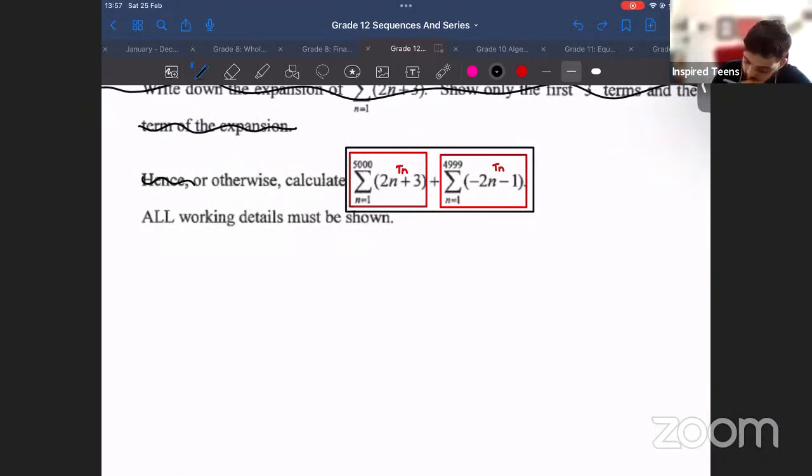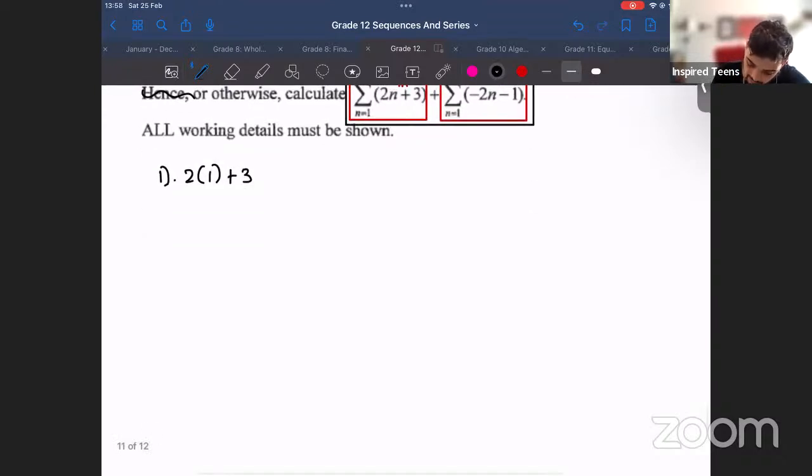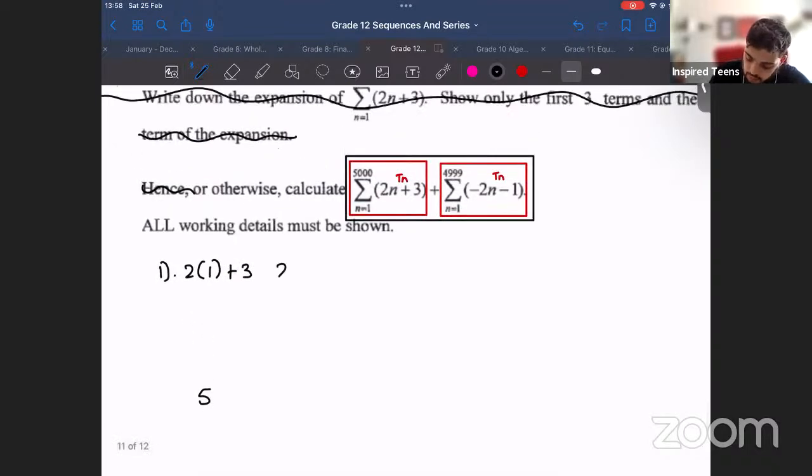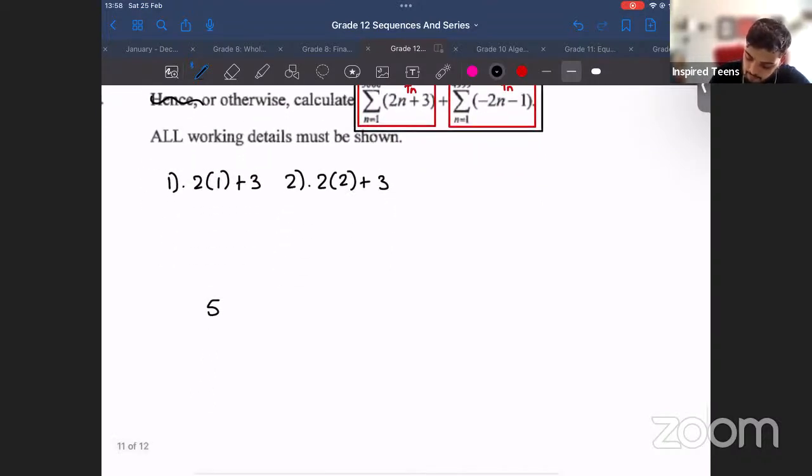So I'm going to have number 1 as 2 into 1 plus 3. Now 2 into 1 plus 3, what is that? That's 6, right? No, that's 5. And I'm going to work on number 2, which is my second term. 2 into 2 plus 3, that's going to be 7. Okay, so this is the first pattern.